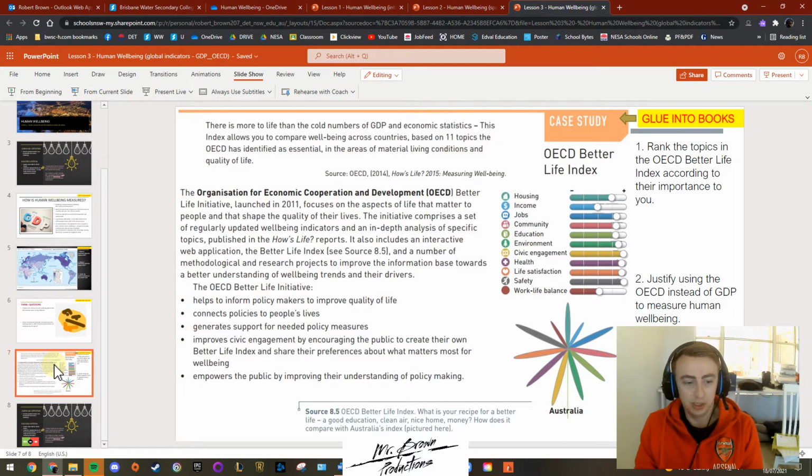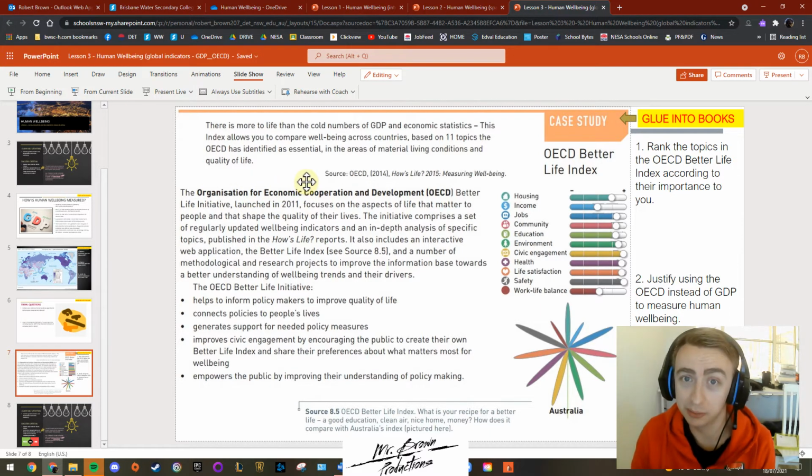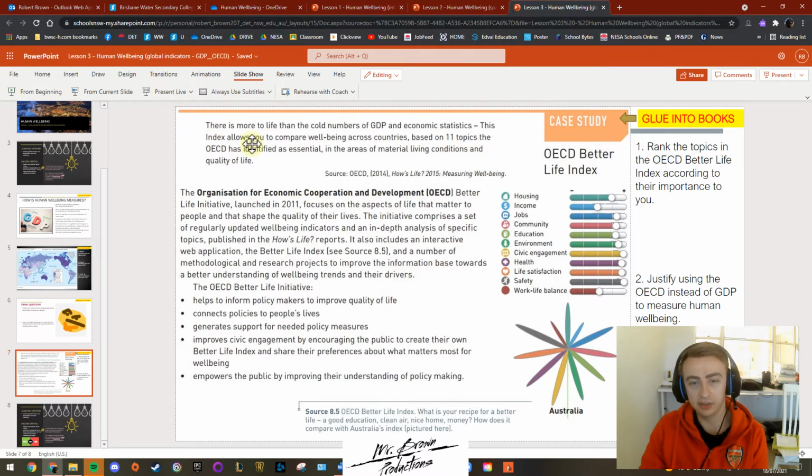Once you have done that, we're going to look at our second indicator of human well-being, which is a different measurement tool. Other than GDP, there's one called the OECD, which stands for the Organization for Economic Cooperation and Development. These guys didn't like that GDP only compared the cold numbers and economic statistics, so just how much money someone earns.